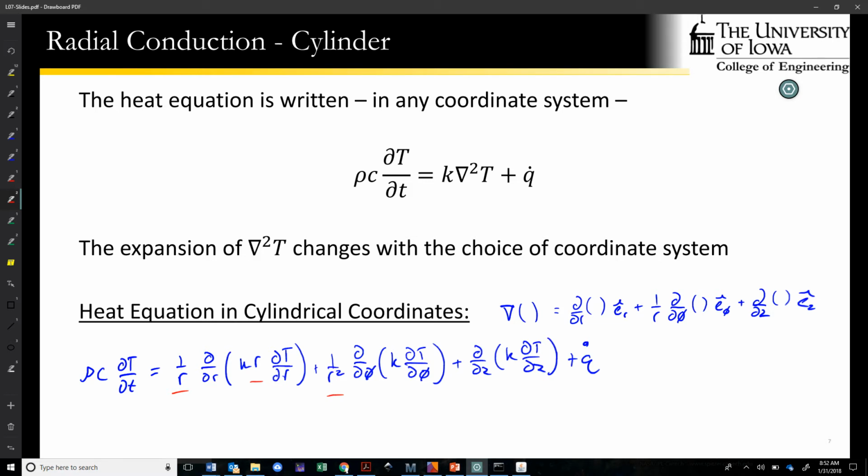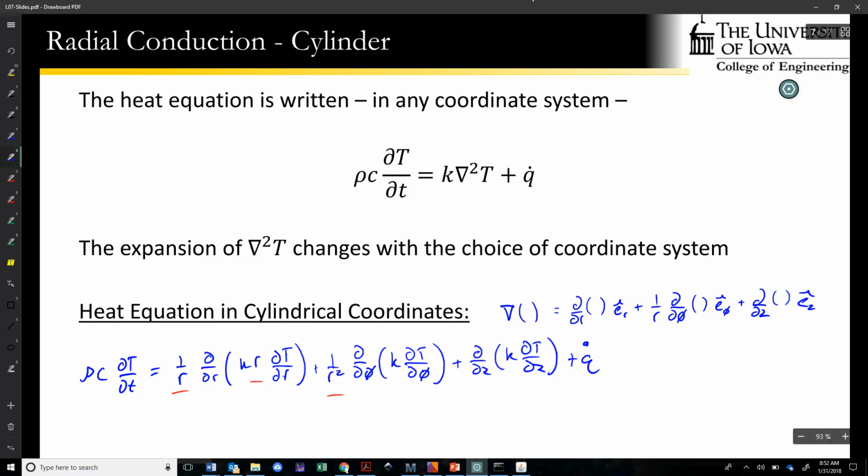We could simplify this a little bit if we again made the assumption that we're dealing with a homogeneous material. If k is constant throughout the volume of whatever we're talking about, then these k's can come outside of the derivatives because they're no longer functions of your position in space.